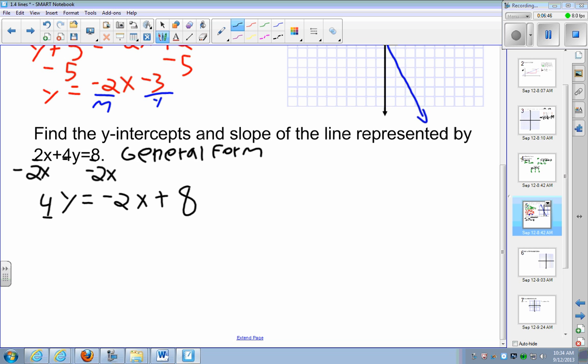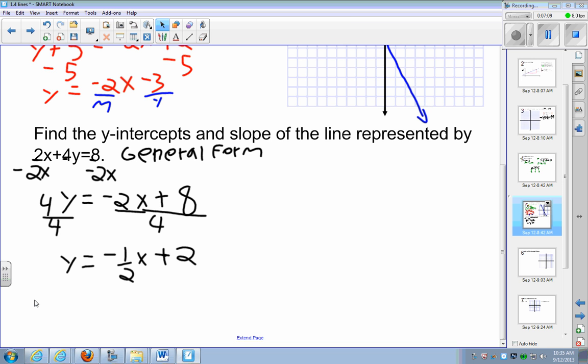All right, now let's divide by 4. And so we'll get y is equal to negative 1/2 x plus 2. Okay. So now we've got it in slope-intercept form.